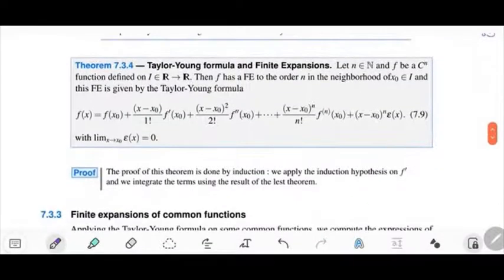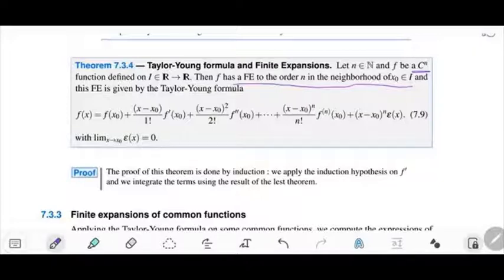Now, we can prove the following theorem, which is the most interesting theorem in here. It says that if f is a Cn function, so it's differentiable n times, and then all the derivatives are continuous on I, then f has a finite expansion to the order n in the neighborhood of x0, and also the finite expansion is given by the Taylor formula.